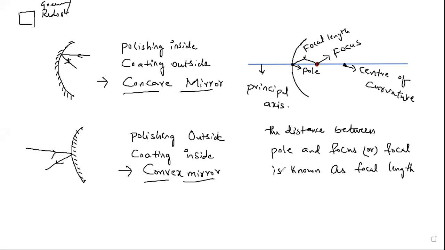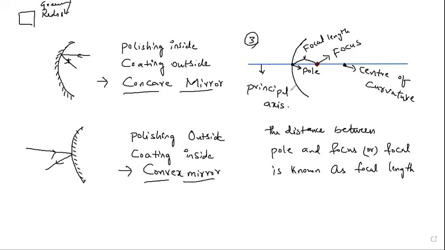And here in the third part, we have taken a spherical mirror part and one straight line. In this spherical mirror, we have one center, that is the center of the sphere, which is called the center of curvature. We have taken one straight line passing through the center of curvature and the spherical mirror.